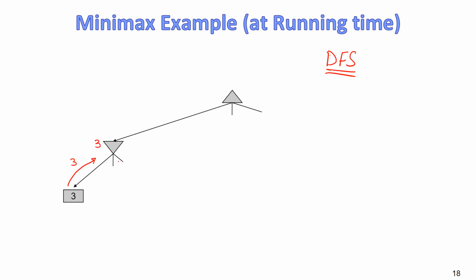Then, as in DFS, the parent will call the value for the second child, which here is a terminal, so it will pass back 12. Now this state is controlled by the min agent, so it is trying to minimize. So the value of that state will not change by this 12. It will stay 3.